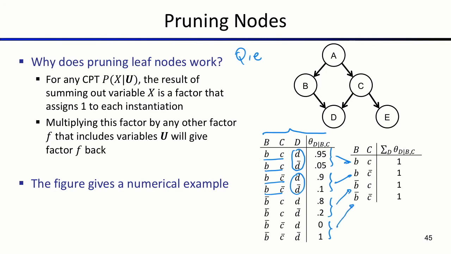When we eliminated variable D, we figured out that when we sum out a leaf node, the result is a factor composed of 1s. And this factor will be multiplied by the other factors, but it will not affect the final computation because these are all 1s. So what we are doing is summing out a variable, let's call it x, from P of x given U, U being the parents of x. And this sum is going to be 1.